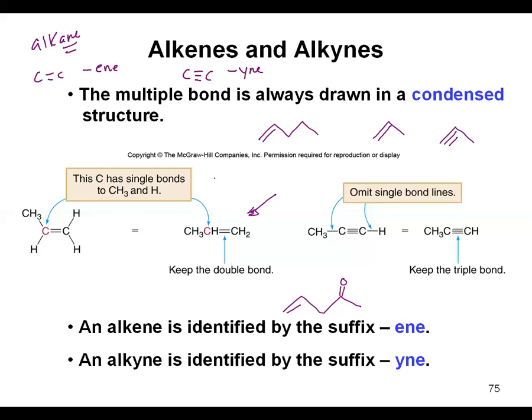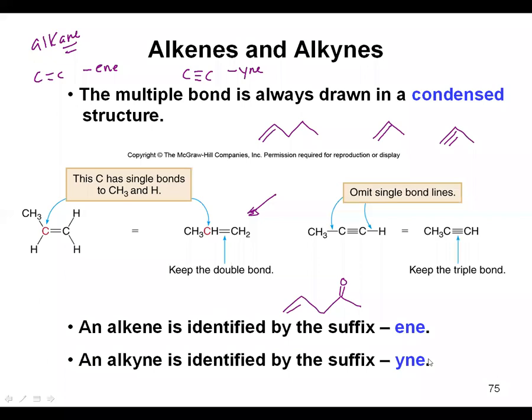Now, there is a different rule when we're naming these. When we get to a situation of about 4 or more carbons, where there is an option as to where the double bond or the triple bond may be, we do need to give the location of the double bond or the triple bond.